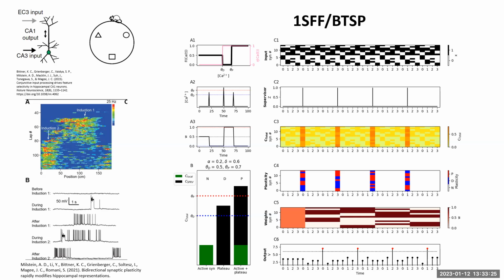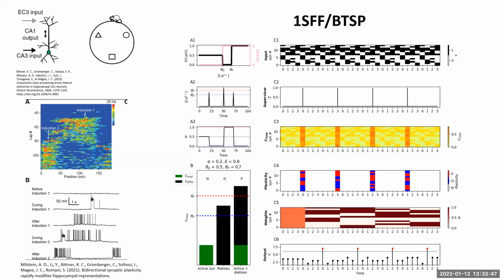In other words, it potentiates all of the inputs that were active at the same time, and it depresses all of the other inputs. We call this 1SFF, for one-shot flip-flop. They call it BTSP, for behavioral timescale plasticity. I like our acronym better. Basically, if you think about a computer register, it's like a write signal.